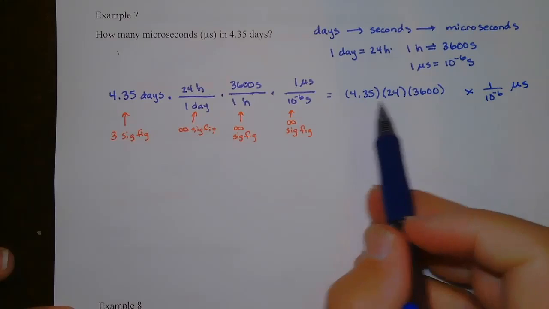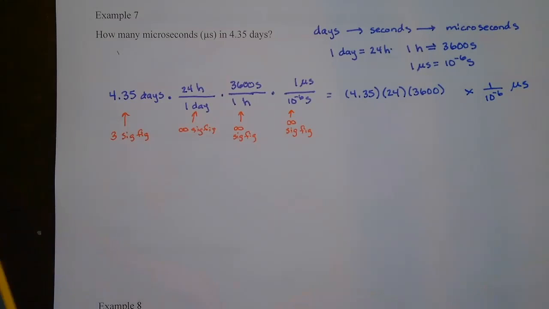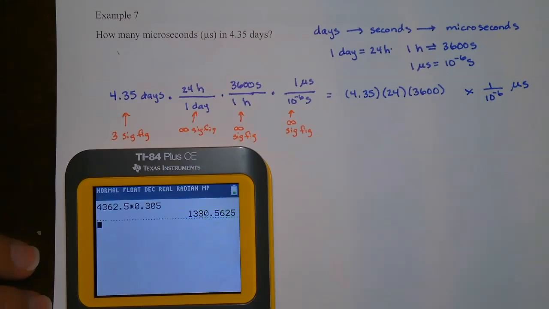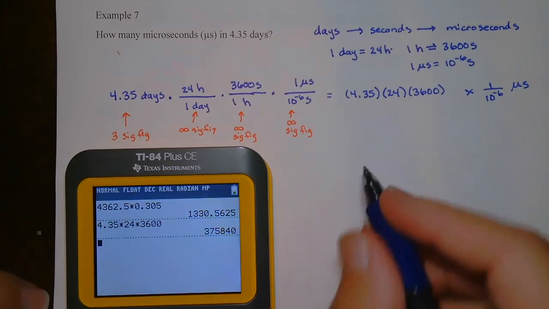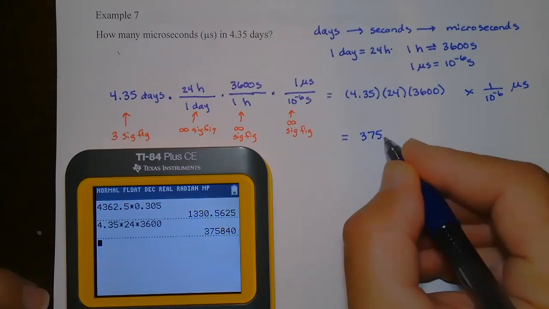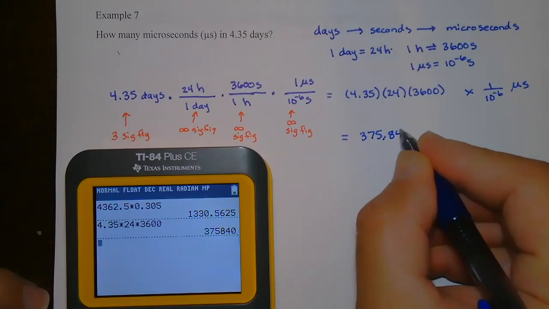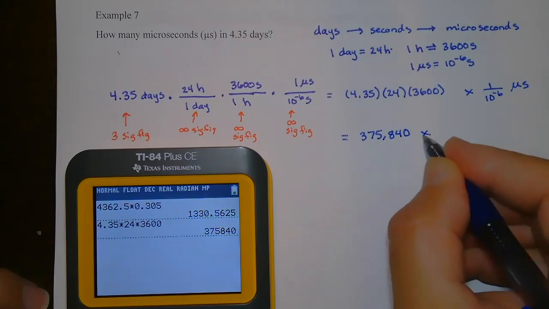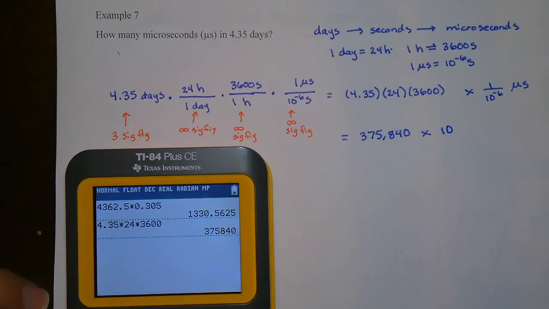Okay, so I'm going to multiply this together. Grab my calculator. 4.35 times 24 times 3600 gives me 375,840.